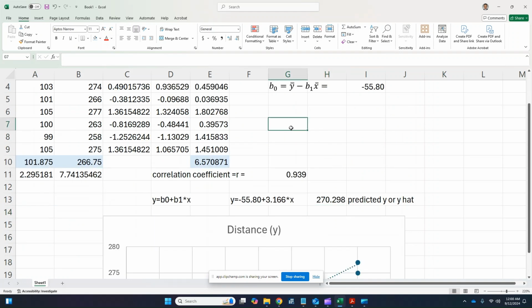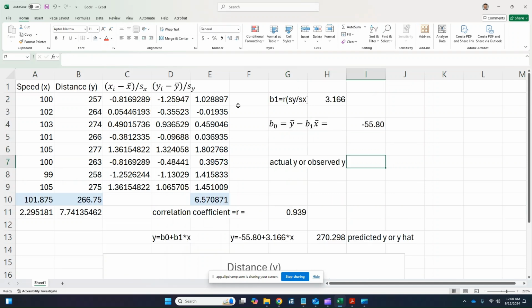So the actual value, actual y or observed y, is 274.